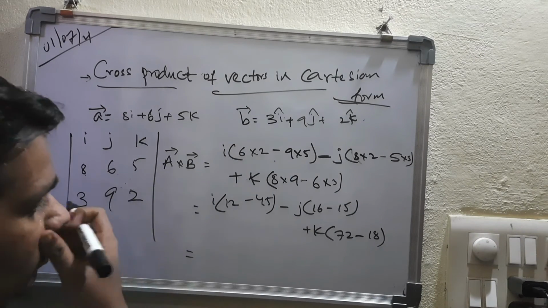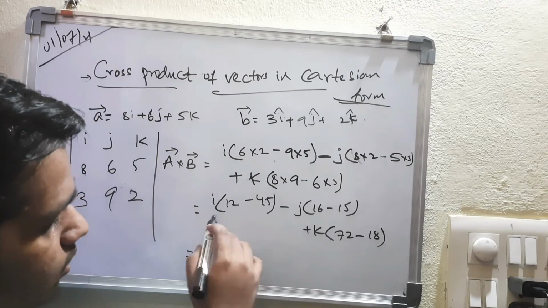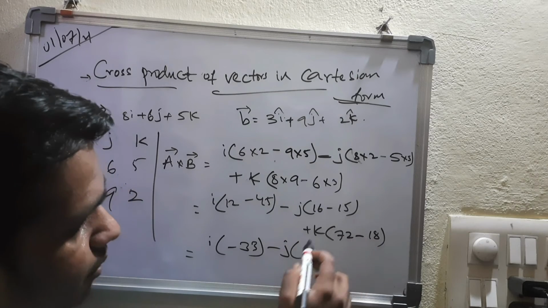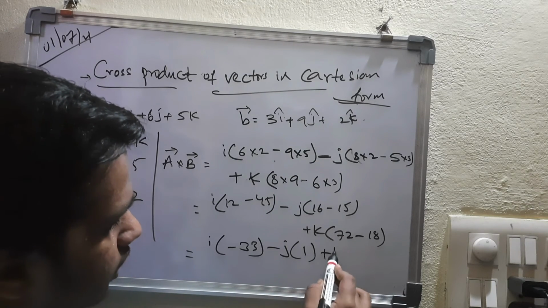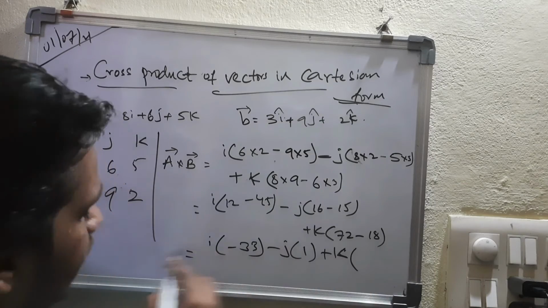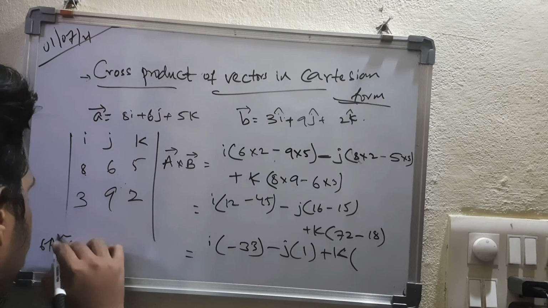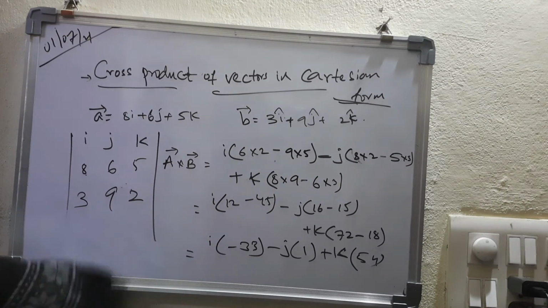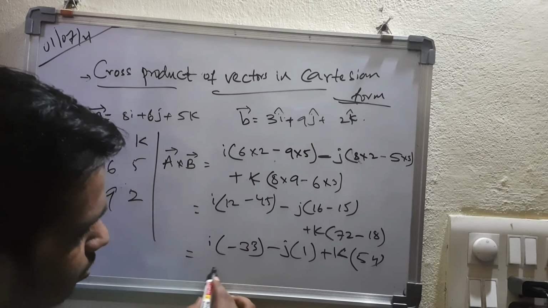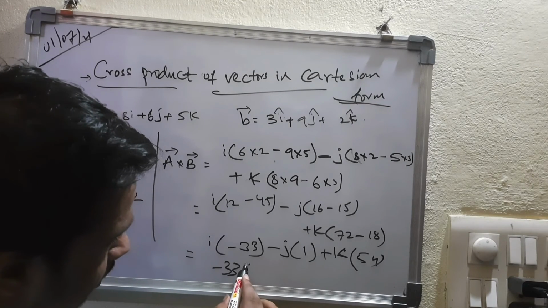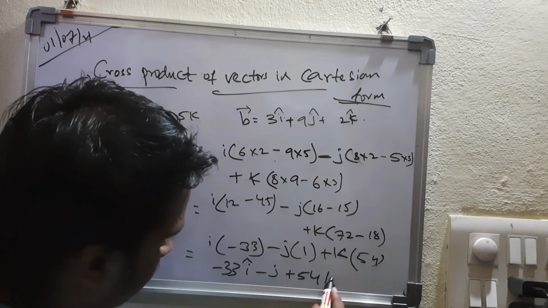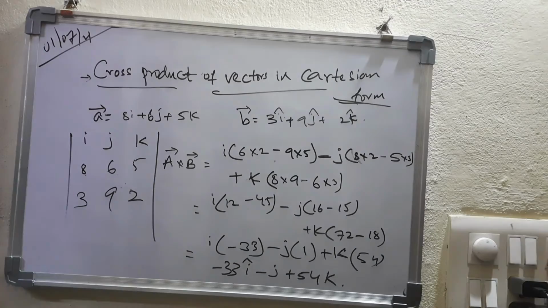Now 45 minus 12, i into minus 33, minus j into 16 minus 15, 1, plus k into 72 minus 18, 54, equals minus 33i cap minus j plus 54k. Got it? Note down this one. And I'll say another concept.